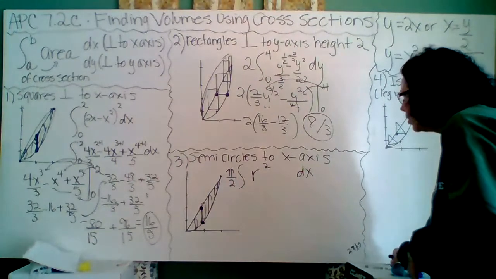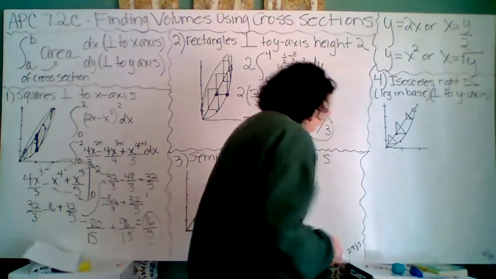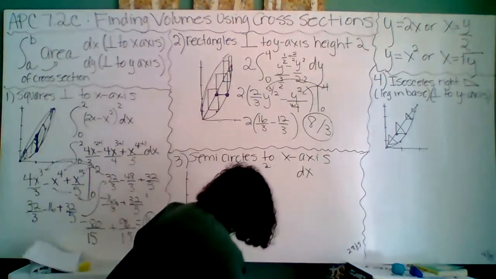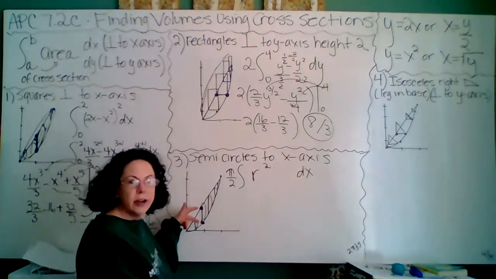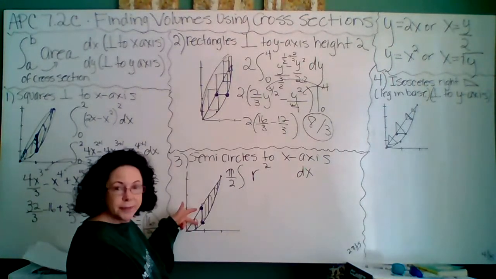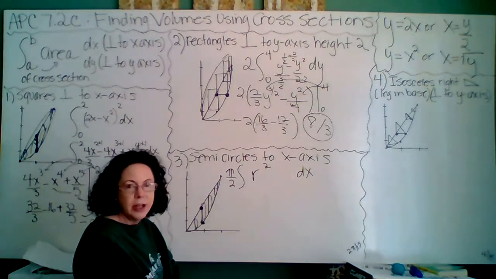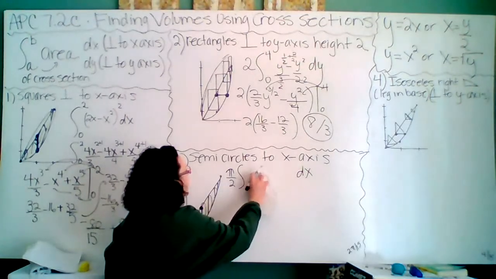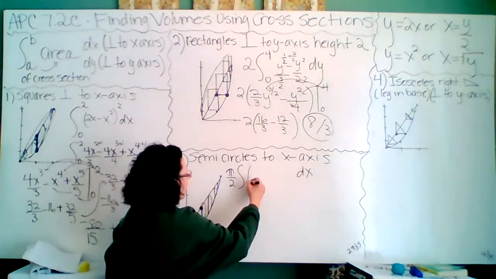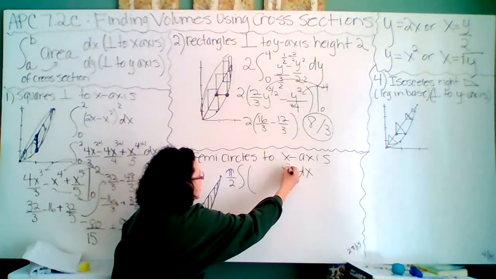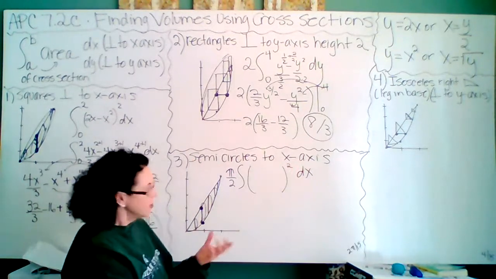Now let's handle the radius this way. What I have marked here is a diameter. So I'm going to write this diameter and then divide it by 2, and that will be the radius. And I won't forget to square, because it's 1/2 pi r squared.